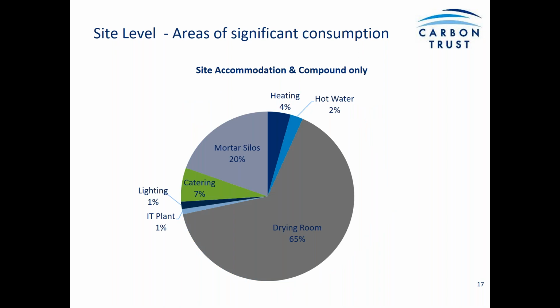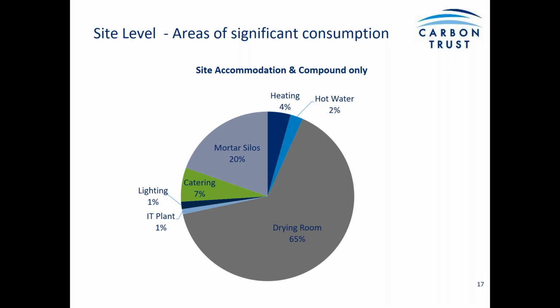So in terms of that split down into actual consumption, it's clear there that the drying room is the largest consumer of the power on site, and then you've got the mortar silos as well.